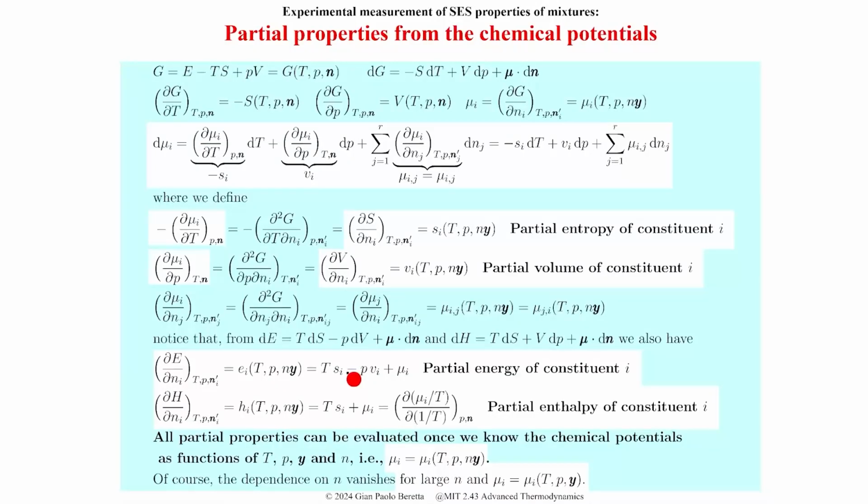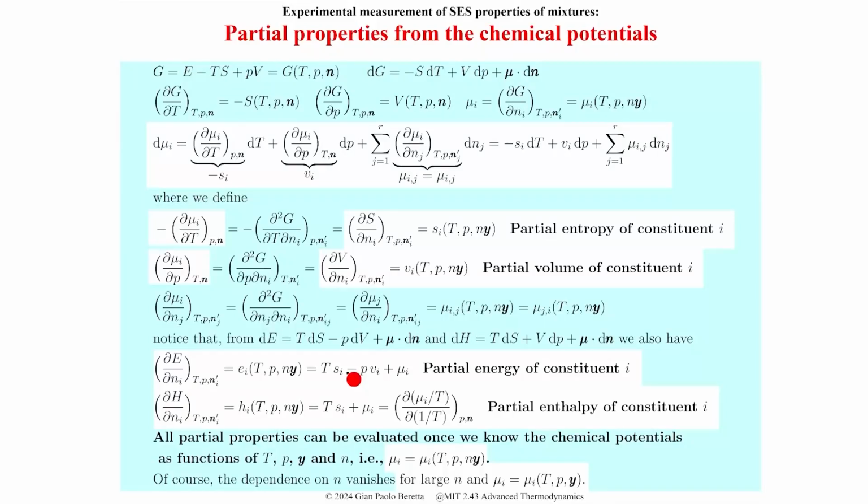Now, a first step towards the construction of properties of a mixture from the properties of the pure components is to define, I think we already did it, we defined already the partial properties.